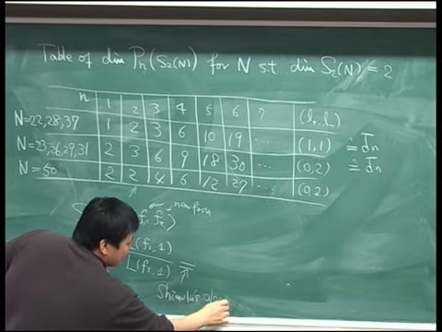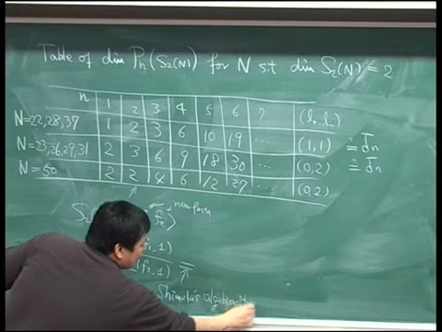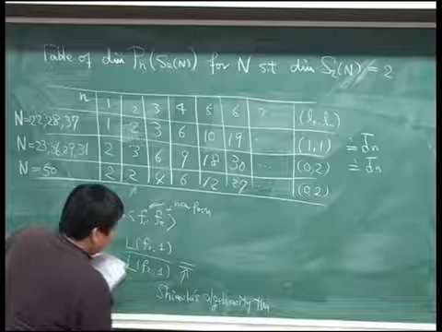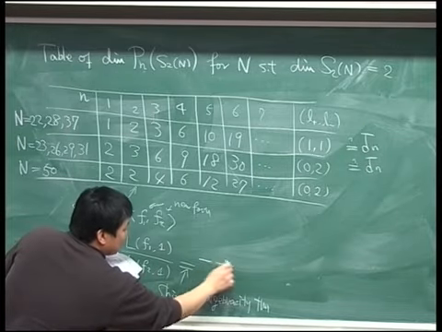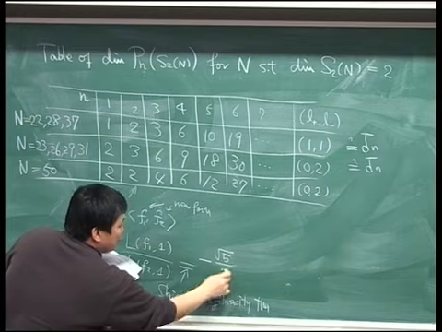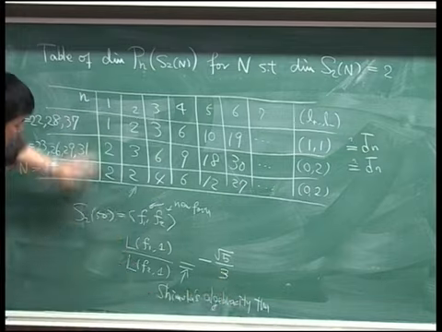Now, once we know this is an algebraic number, it's easy to find numerically. This becomes a quadratic number.